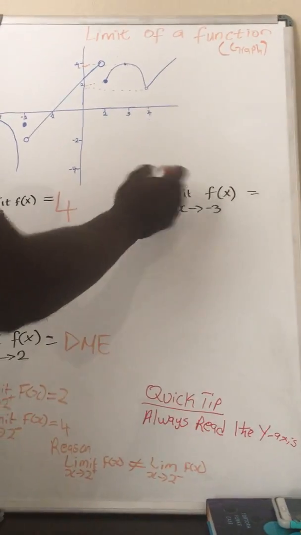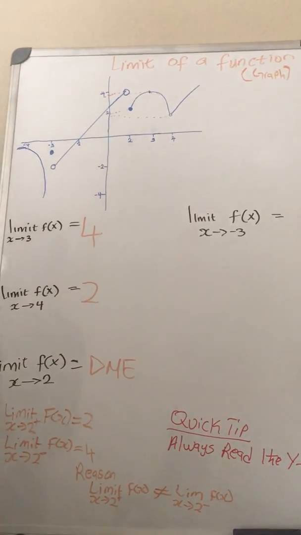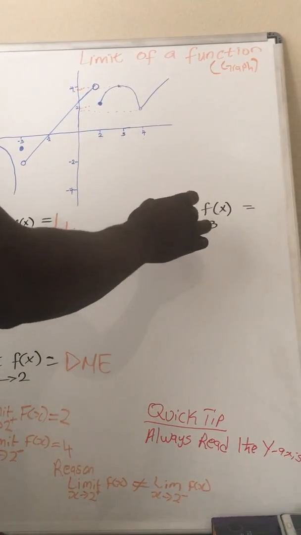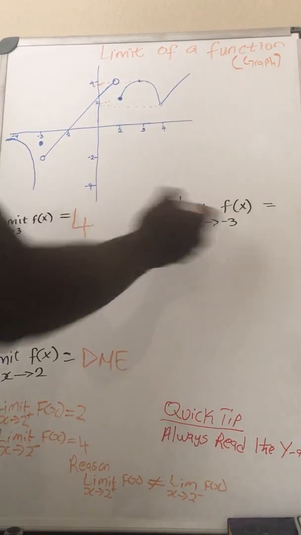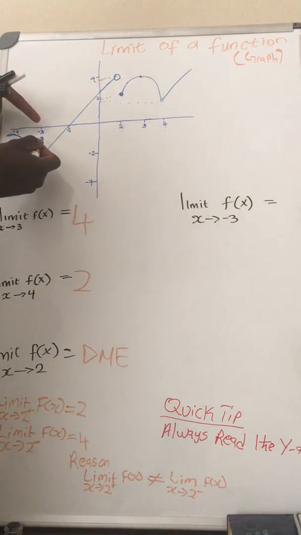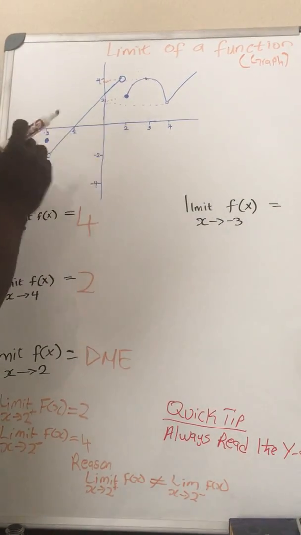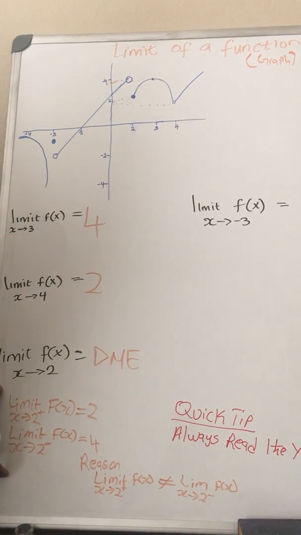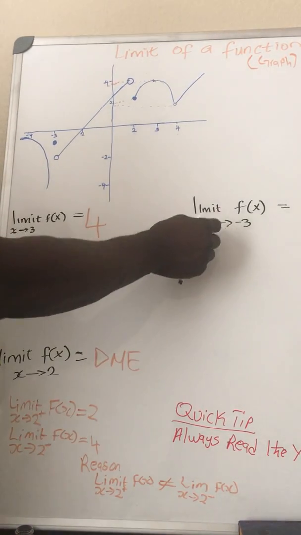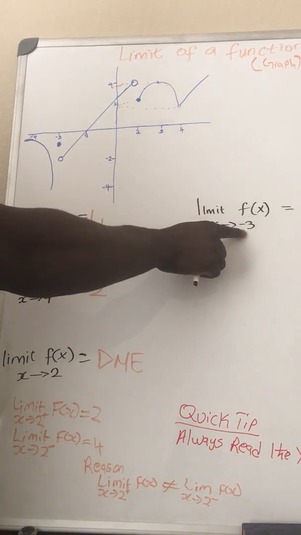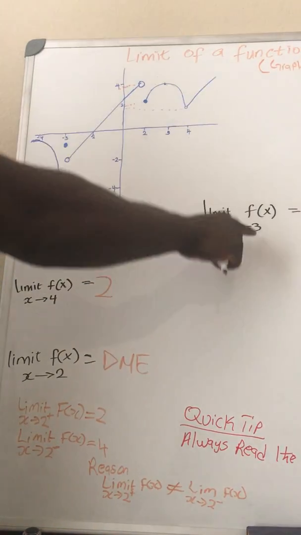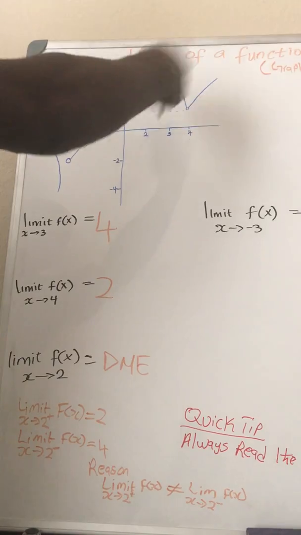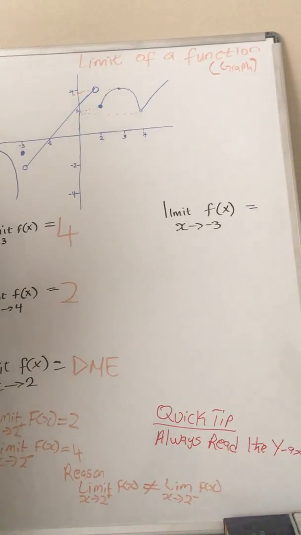Okay, let's do the last question: find the limit of f of x as x approaches -3. So -3 is right here. We have to use the same technique. Since we're looking at the limit as x approaches -3, we have to look at the limit from the right and from the left.